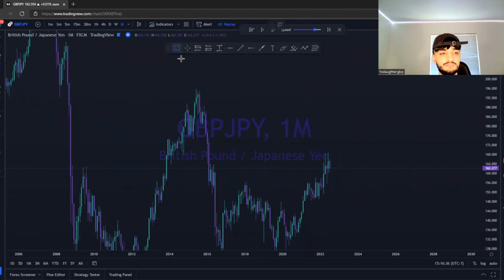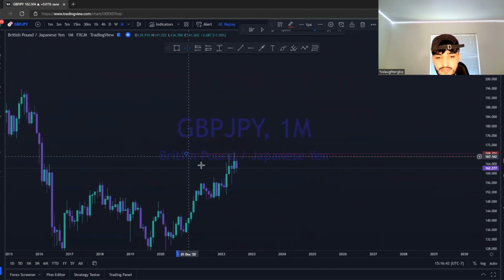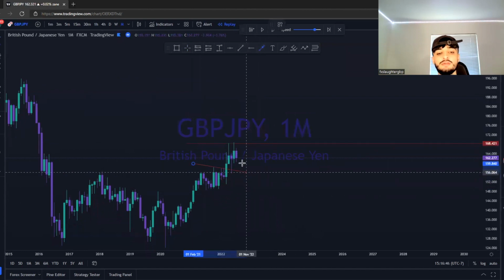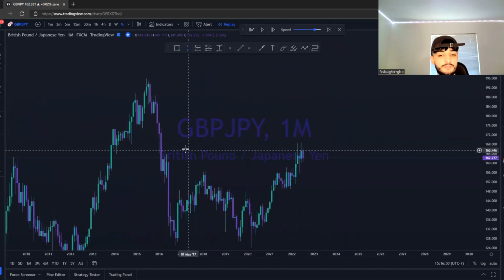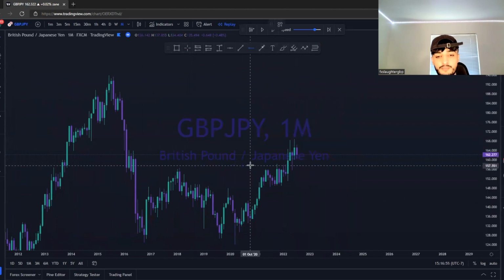So my weekly resistance, weekly support, so my weekly support, weekly resistance.